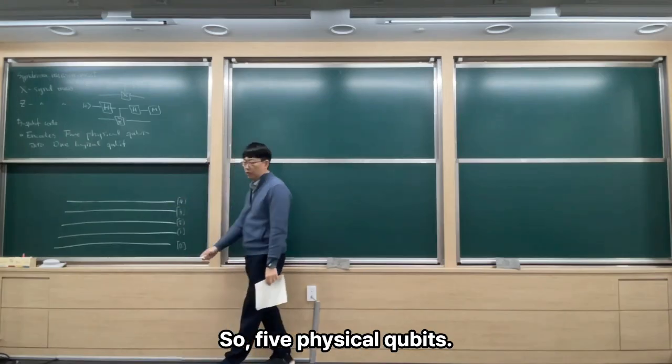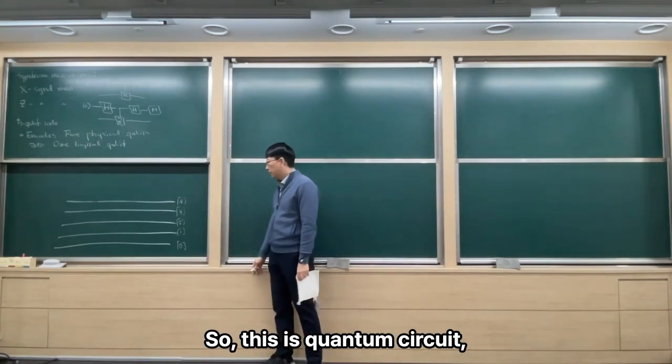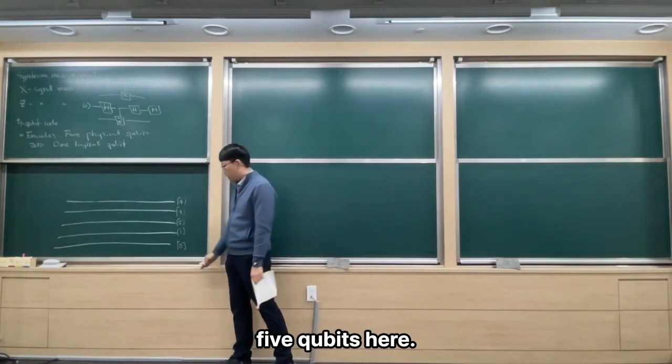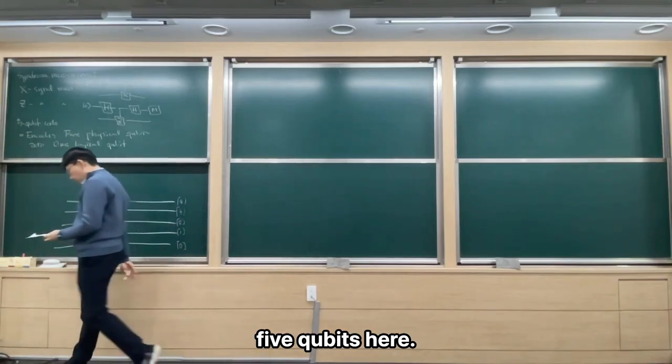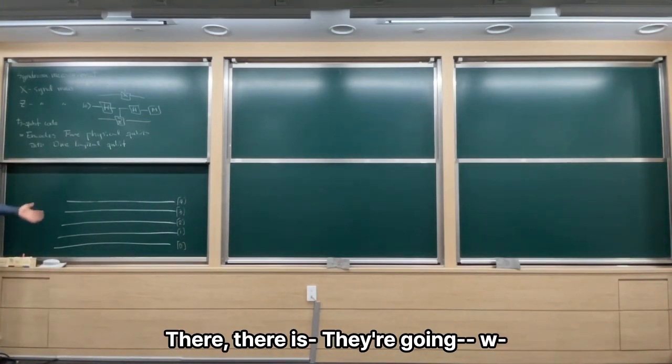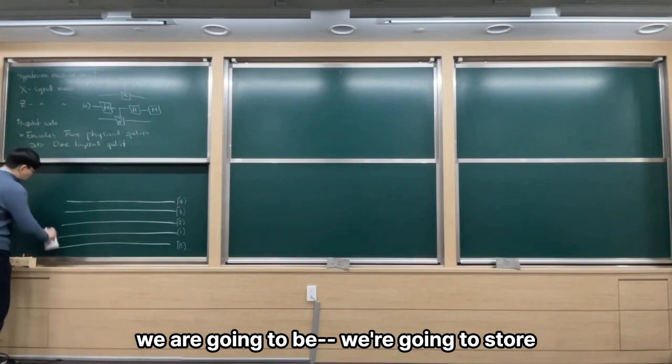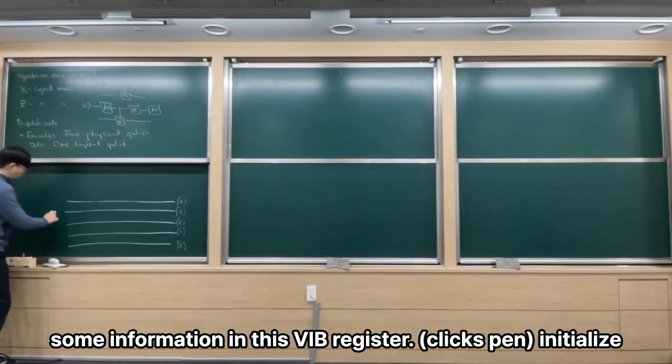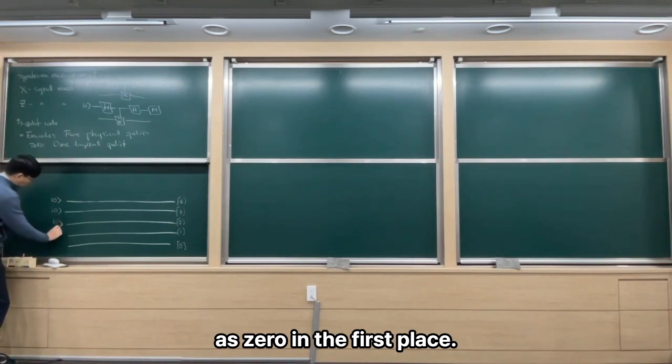So 5 physical qubits. This is a quantum circuit, but let's pretend that we have 5 qubits here. And there's something going on. We're going to store some information in these 5 registers. So initialize as 0 in the first place.